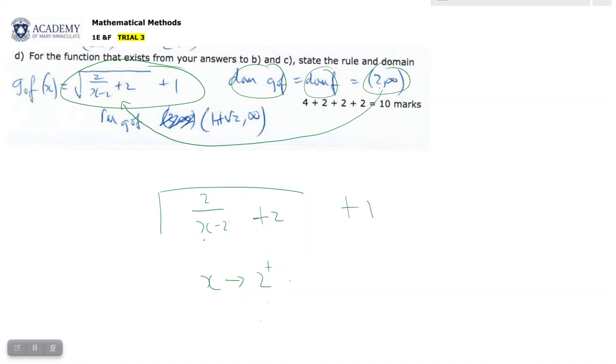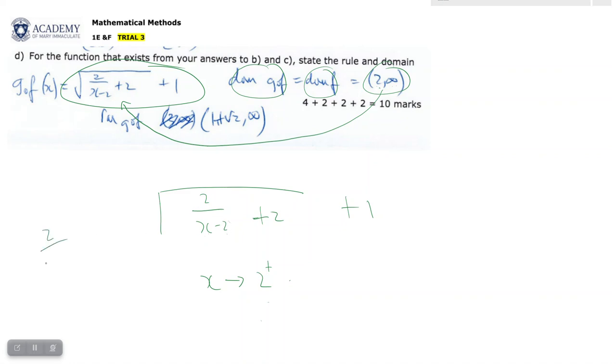It can be a number greater than 2, but it can't be 2 itself or less than 2. If I have 2.001 and minus 2 from it, 2 divided by 0.001 is a very large number, isn't it?